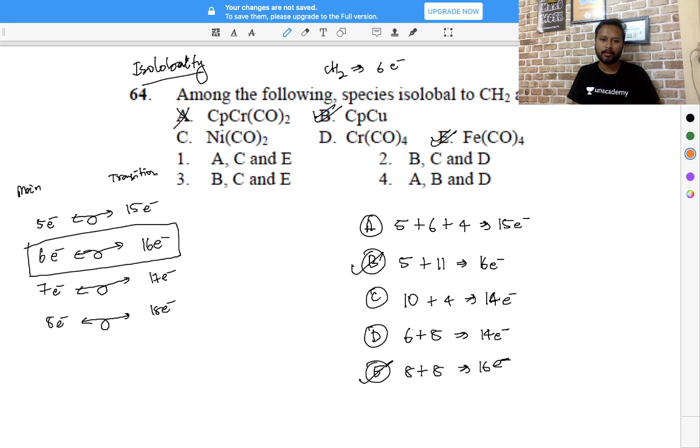All the species were not in the options, you were not getting the isolobal pair, but since B and E were in option 3, they gave it as correct. In the answer key they just marked a star, so anyone who attempted this question might get the answer. But since we are practicing, the correct answer is B and E, not C. According to this, C is not correct because it's a 14 electron species.